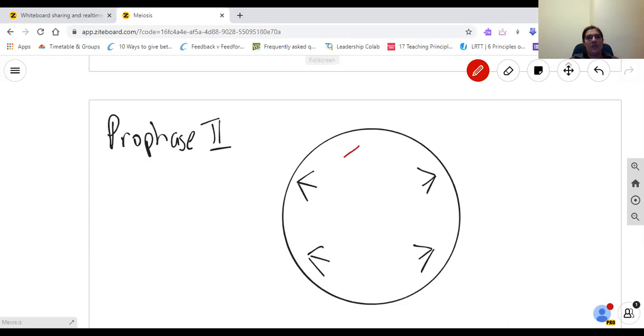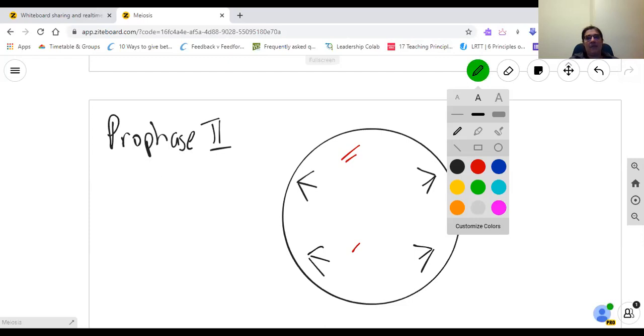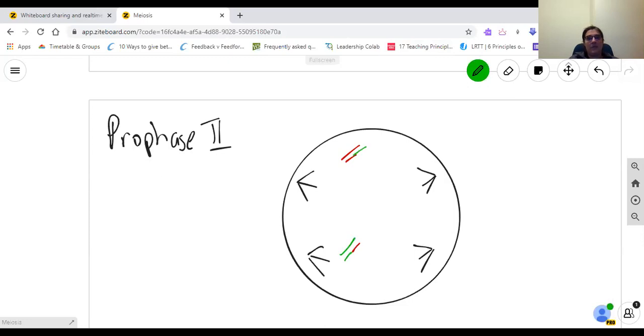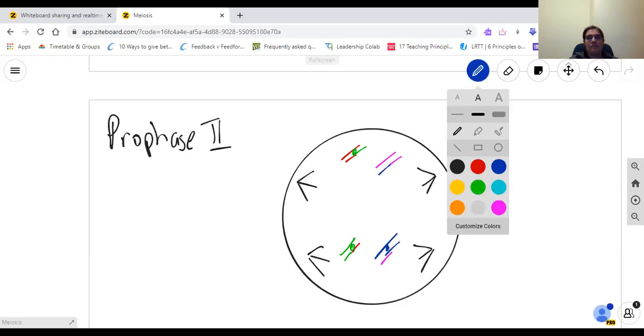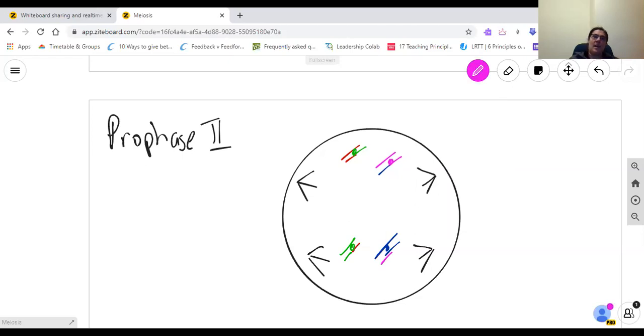And you're also going to remove that nuclear membrane again. So we now have no nuclear membrane. That's gone. And that's pretty much it in prophase two.